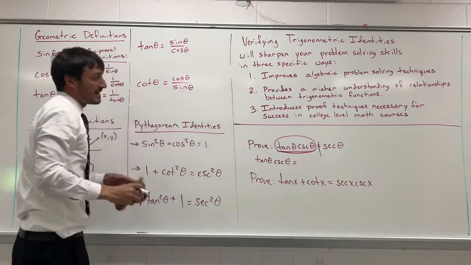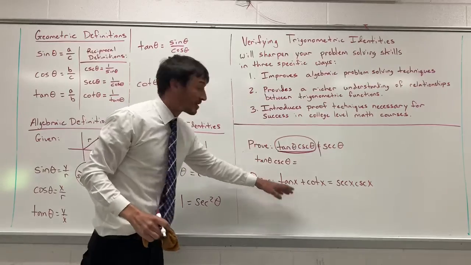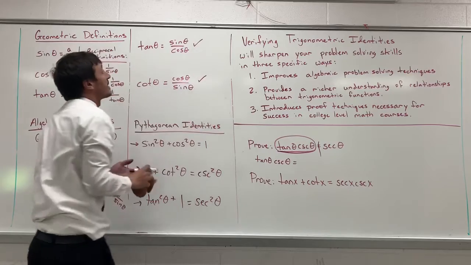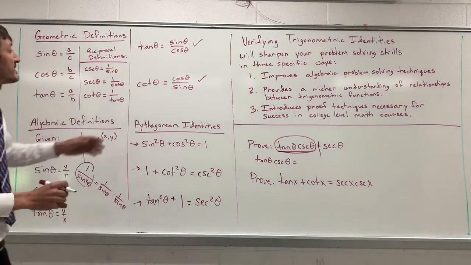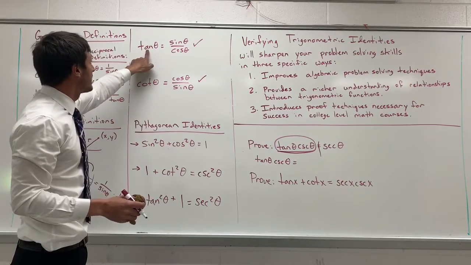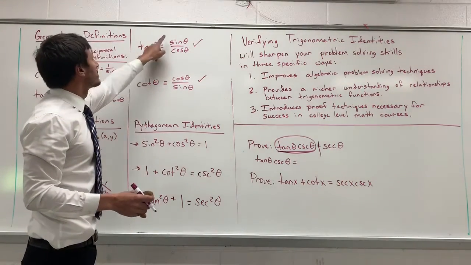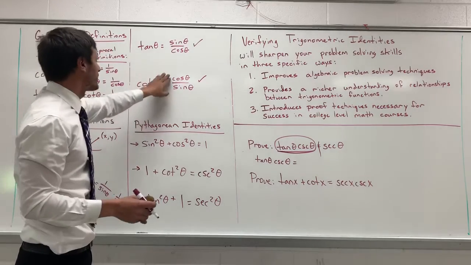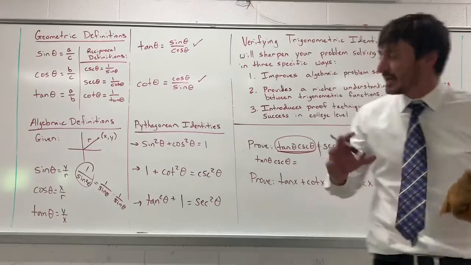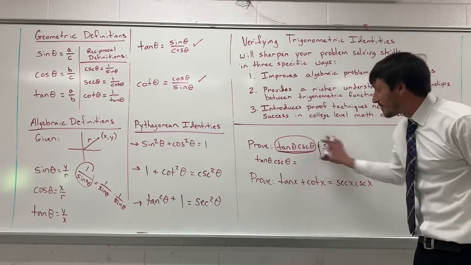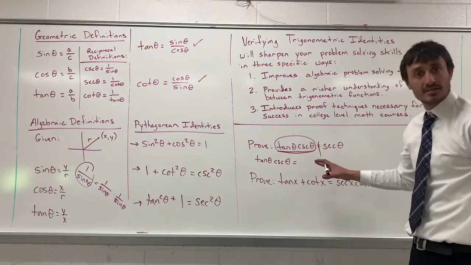My hint to make these problems easy as we start is to focus on these two identities. Okay? Meaning that what are these identities going to allow you to do? They're going to allow you to convert any tangent function to sine and cosine, and they will also allow you to convert any cotangent function to cosine and sine. So I tell students this, the easiest way to start for most students is whenever you see a problem is to convert everything into sines and cosines.